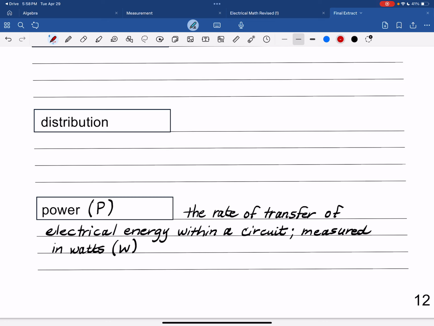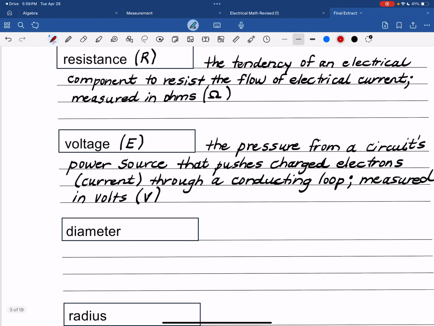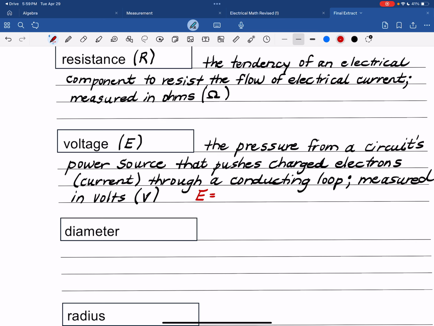If you do it without the Ohms wheel, you will need to know that power equals current times voltage. And you also need to know that voltage equals current times resistance.